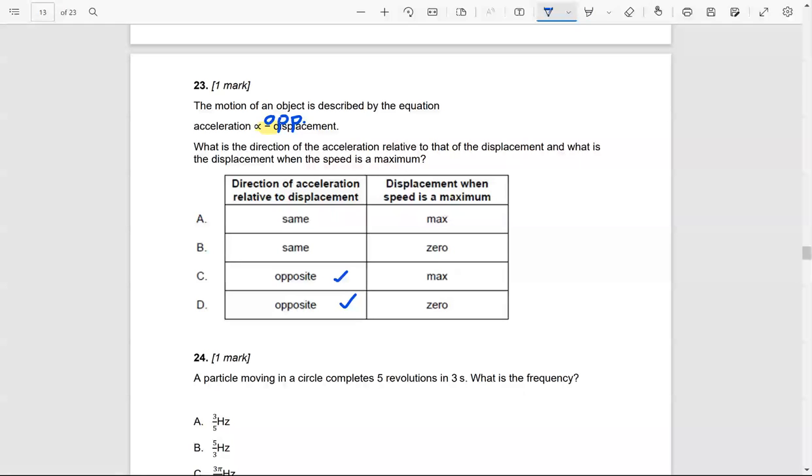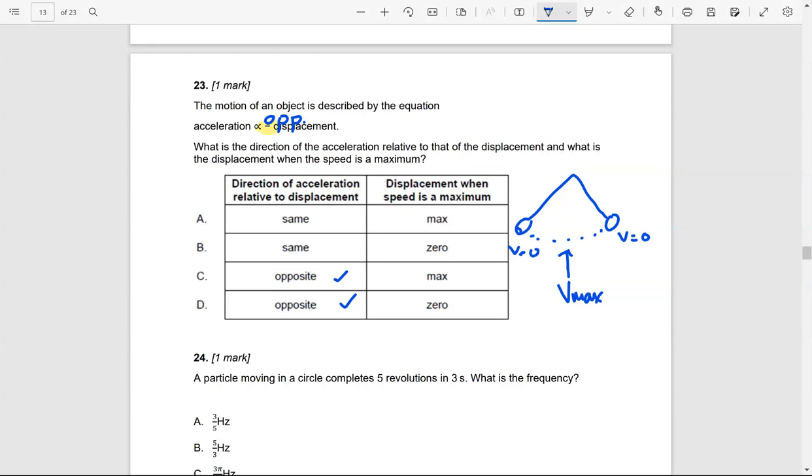Now, when the speed is a maximum, to understand this, we need to draw perhaps a little pendulum. It's going back and forth. Here it has 0 speed because it's reached the maximum and then it's about to drop back. Here in the center, as it passes that equilibrium, it's always the maximum speed.